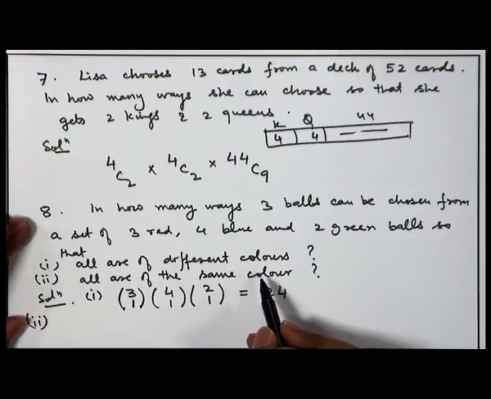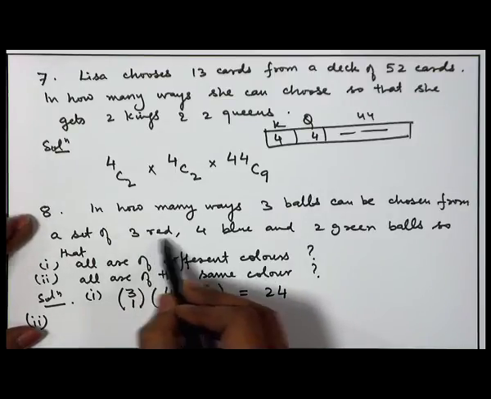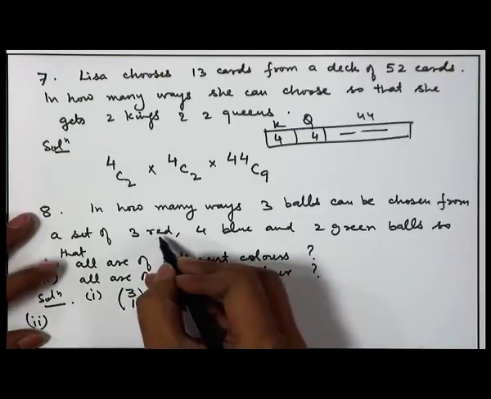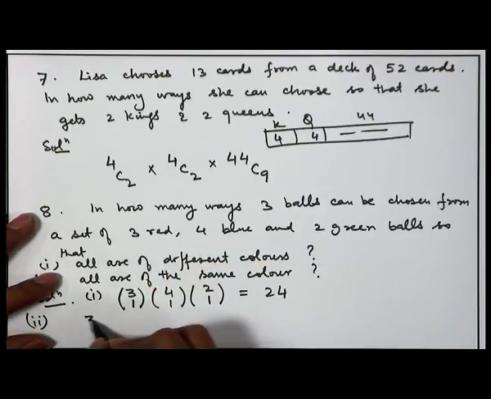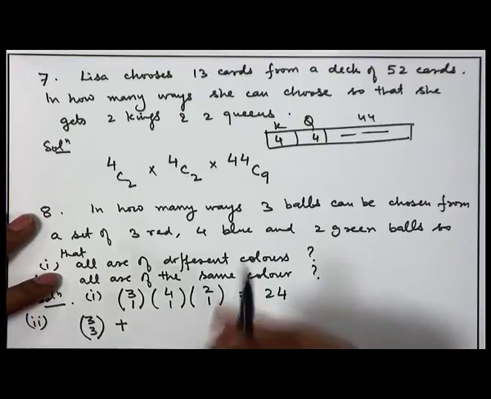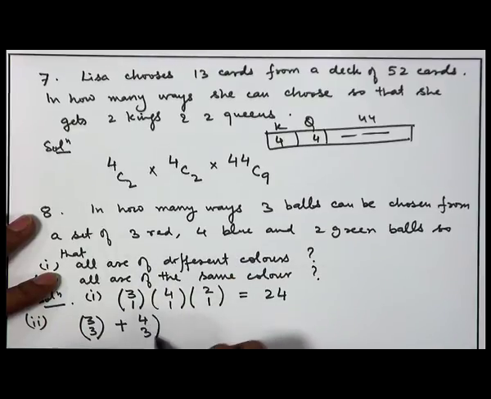Now, in the second part we are saying that all are of the same color. Since we have chosen 3 and they have to be of the same color, they must be either all red or all blue. If all of them are red, this is 3 C 3 ways, that is simply 1, or all of them can be blue, which can be chosen in 4 C 3 ways.